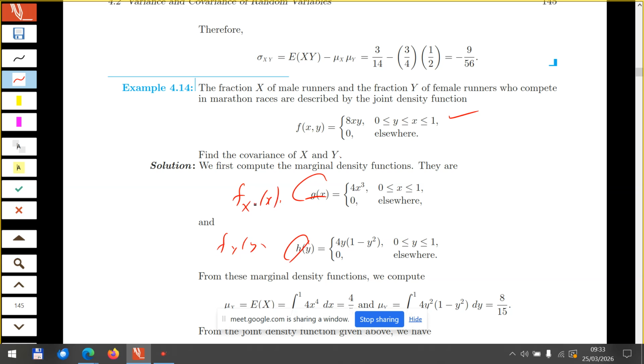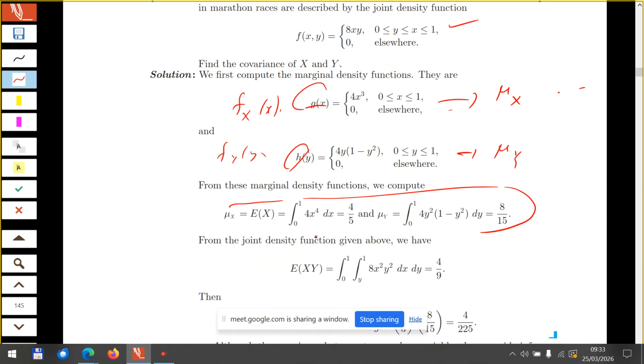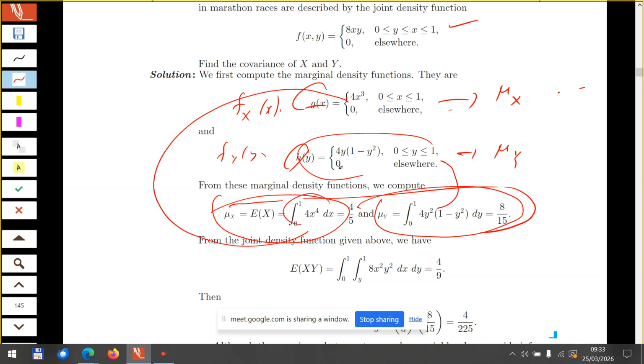The reason you need marginal distributions is that you will need them for computing mu x and mu y. Mu y requires this marginal distribution, and mu x requires that marginal distribution.